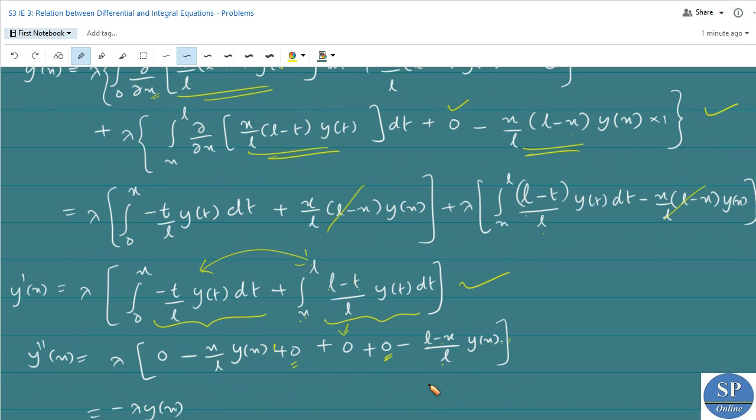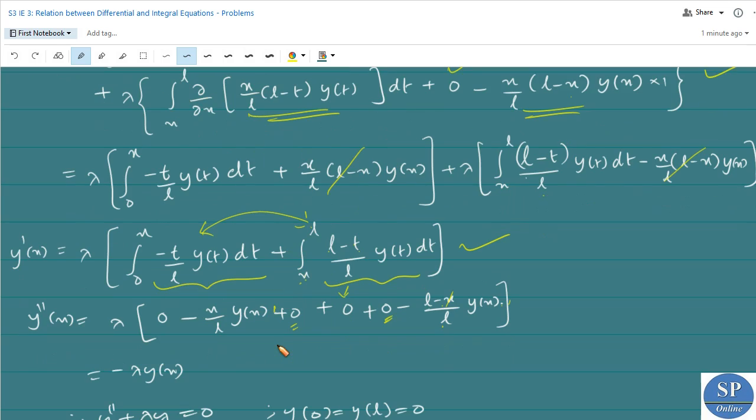So this is minus x/L y(x) plus x/L y(x), and these cancel, leaving minus L/L, that is minus y(x). So λ times y(x), and y'' equals minus λ y(x).